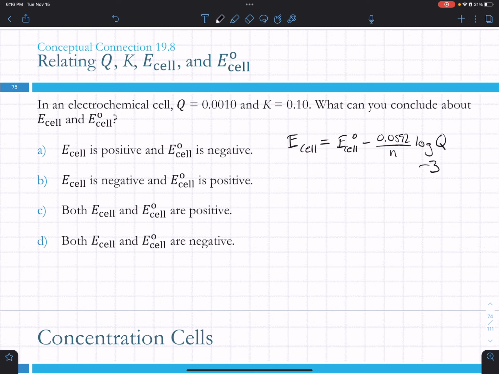So it's either A or it's C. And then we could calculate E cell naught as 0.0592 over n log of K. So again, if you plug in 0.1 for K, is it a positive or a negative number?